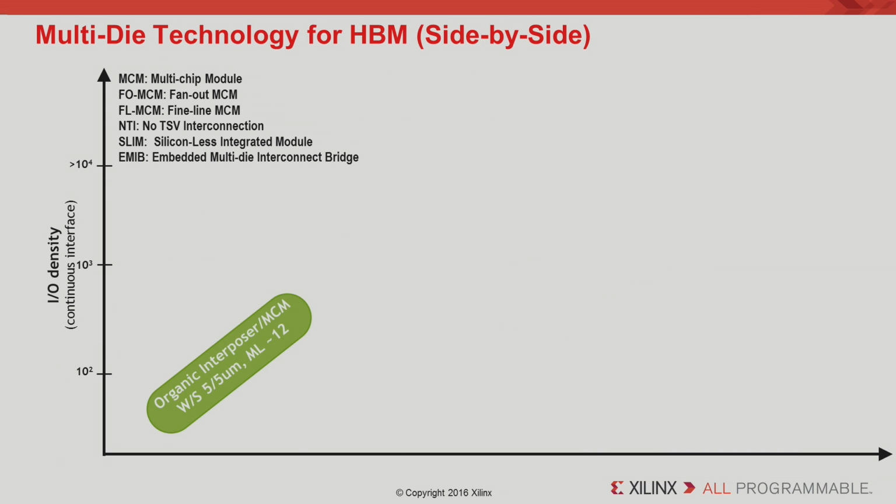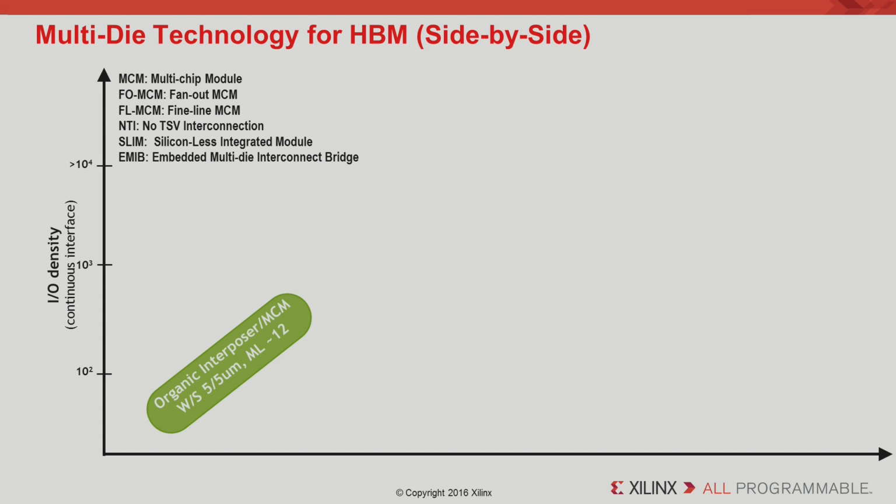Getting into the technology, here I'm focused more on side-by-side integration of SoC with the HBM. Could be a single HBM or multiple HBM, depending on the design needs. The y-axis here is a metric for comparing technologies on how many die-to-die interconnection wires you could get.